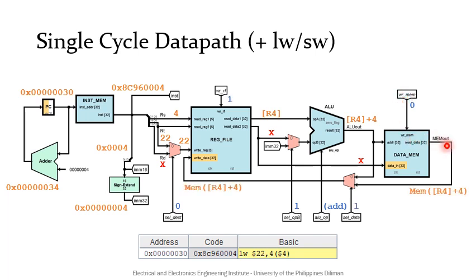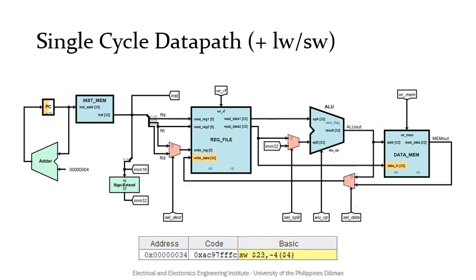The memory will output the contents of the memory at address R4 plus 4 and feed it to the register file, with the sel data having a value of 1. At the same time, the reg file receives an asserted write RF signal. Thus, when the rising edge of the clock occurs, the load word instruction will be completed.